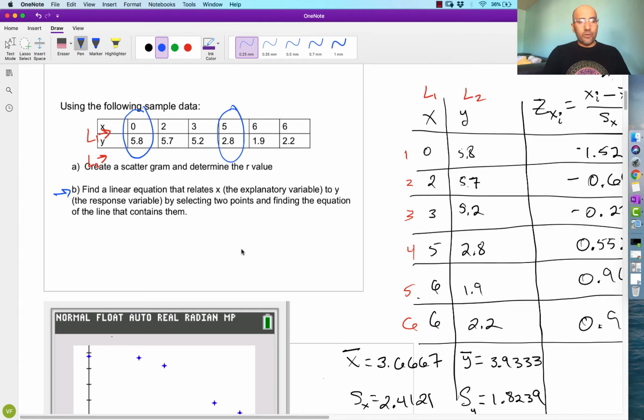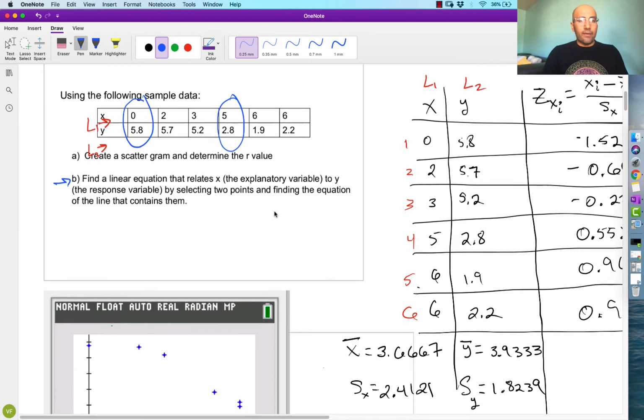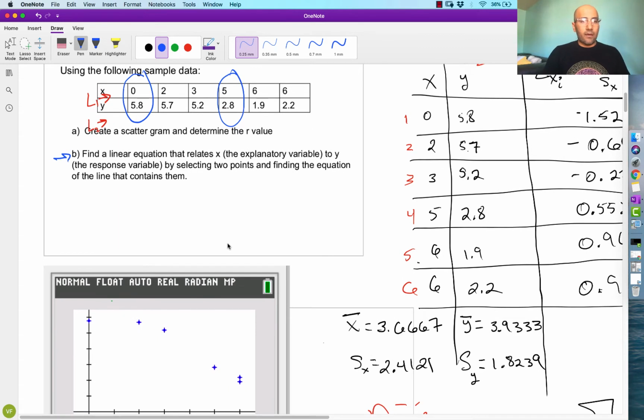And those are the 2 that I'm choosing based on my scattergram, right? So that would be this point right here, (0, 5.8), and this one, (5, 2.8).